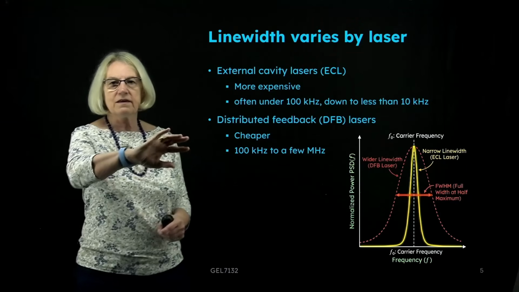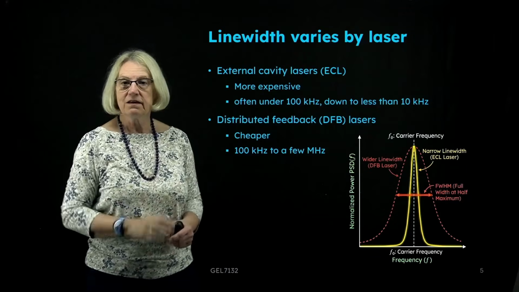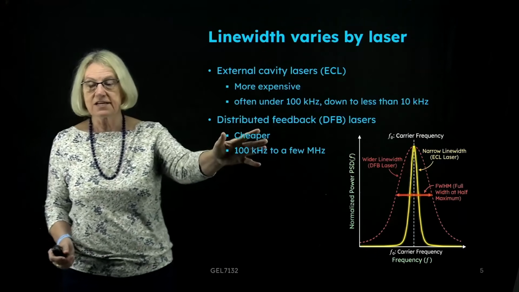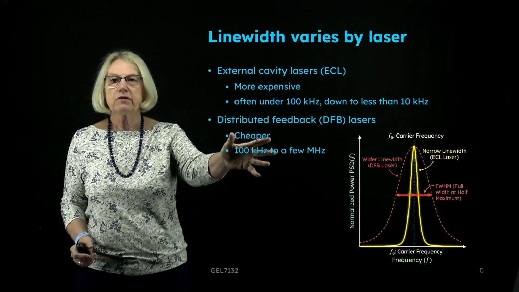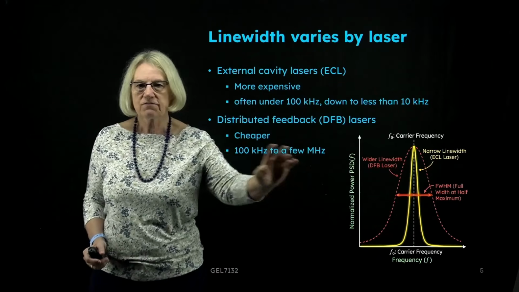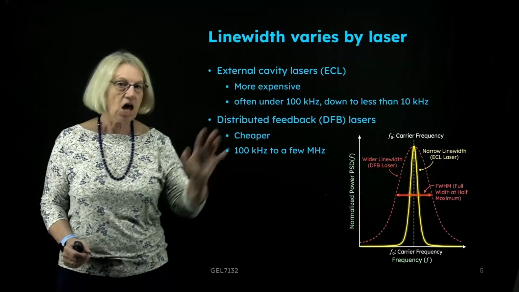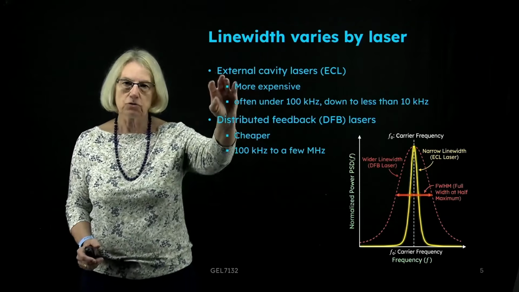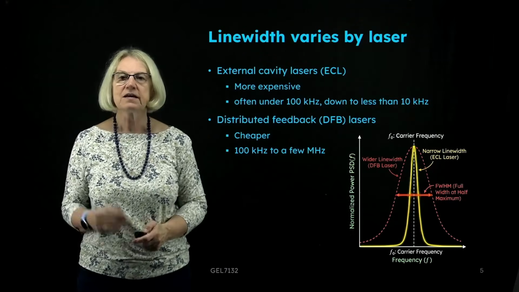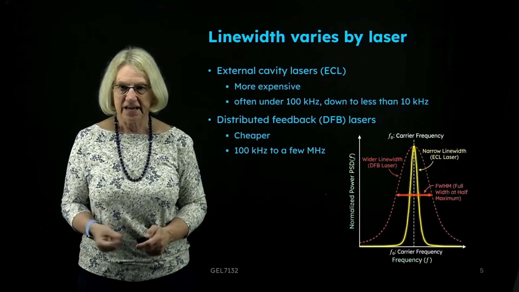So in on-off keying, a DFB laser might be the laser of choice because it's inexpensive, but when we go to coherent detection, these levels of phase noise may not be tolerable, and therefore we might have to go to the more expensive. This is one reason the coherent systems can be more expensive than direct detection.